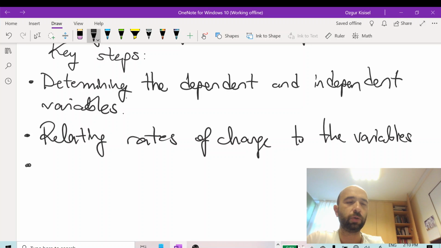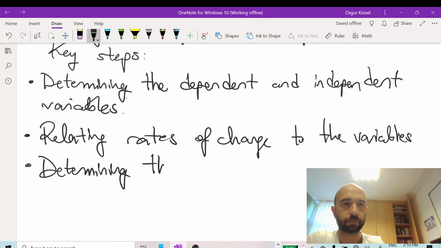Also, you have to keep an eye on possible additional conditions, such as initial conditions. So, determining initial conditions.